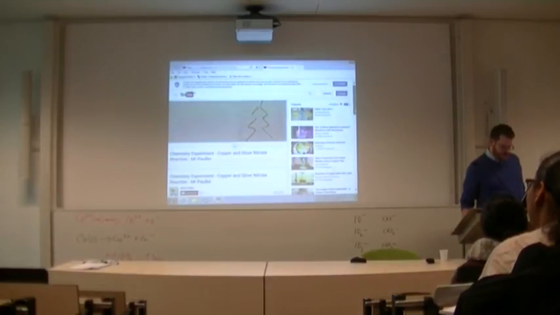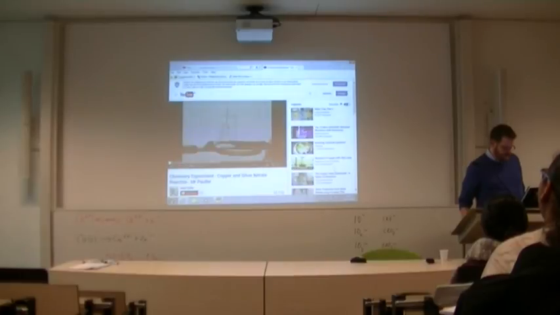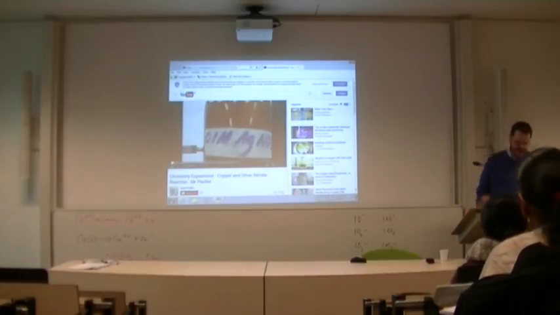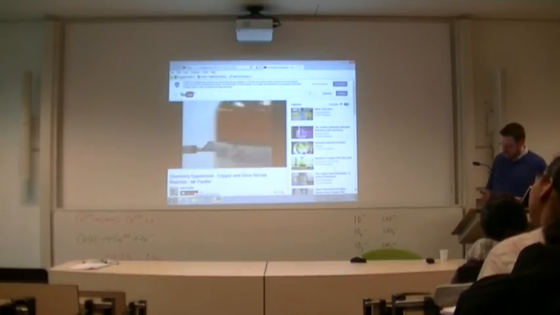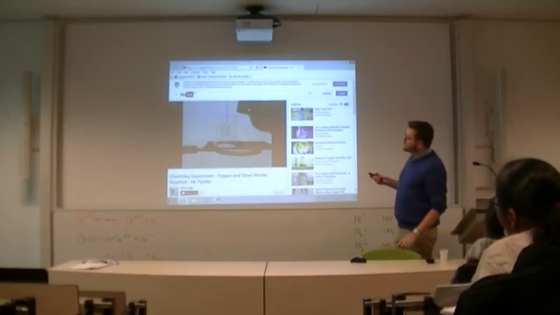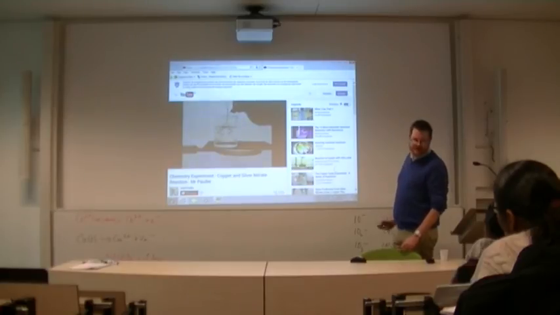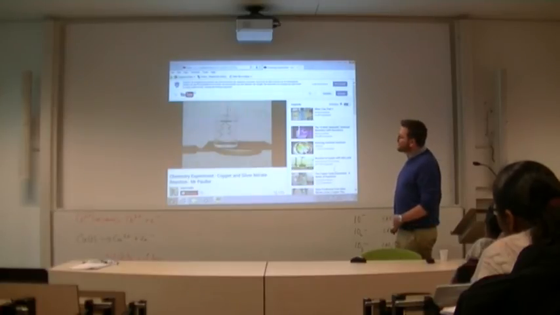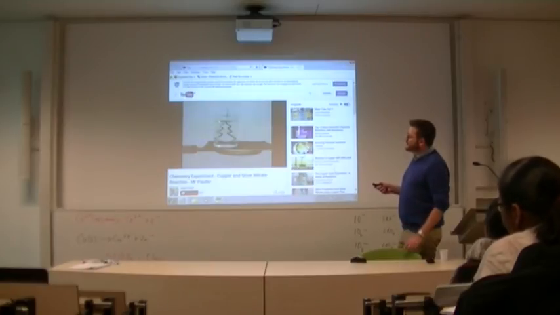What is going on? Oh my goodness. So he's added silver nitrate. Let's just look at it in miniature. AgNO3, silver nitrate, going in. That's a piece of copper. It looks like a Christmas tree. Weihnachtsbaum. Now watch what happens.